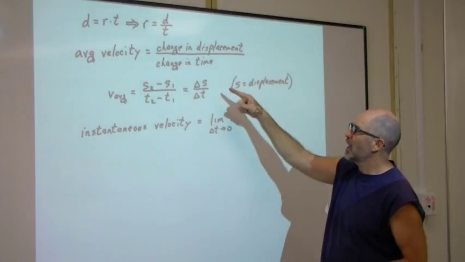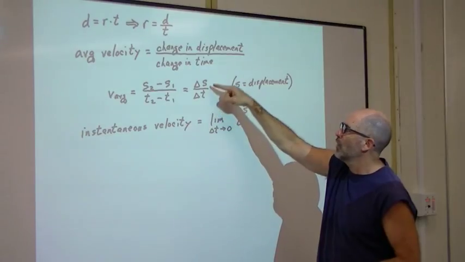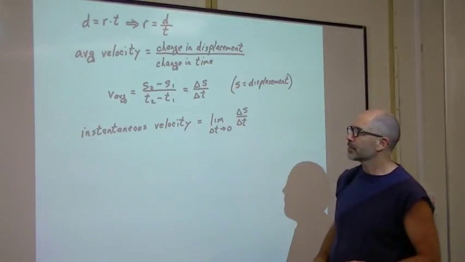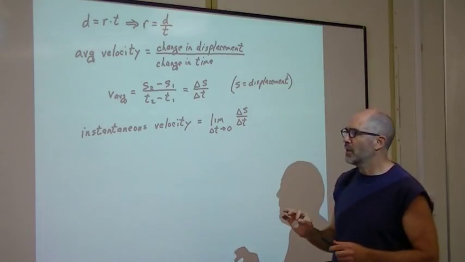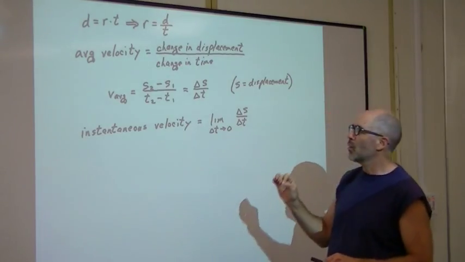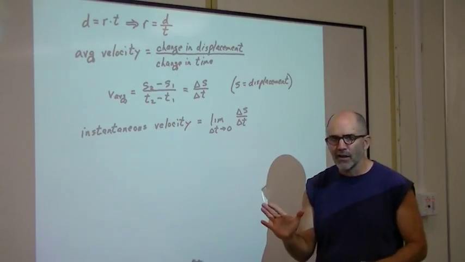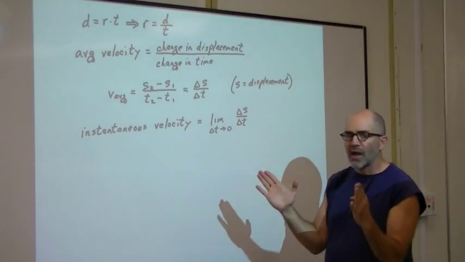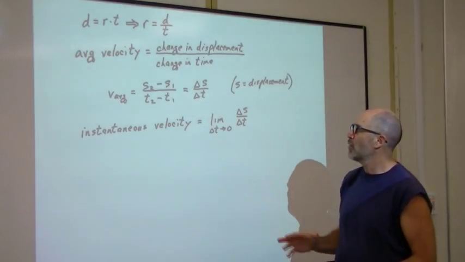So my average velocity is going to be 60 miles divided by 1 hour, or 60 miles per hour. That's my average velocity. Well, what I want to know is, what's my instantaneous velocity, or what is my velocity at exactly 2:30? Not my average velocity over the whole hour, but how fast was I going at exactly 2:30?